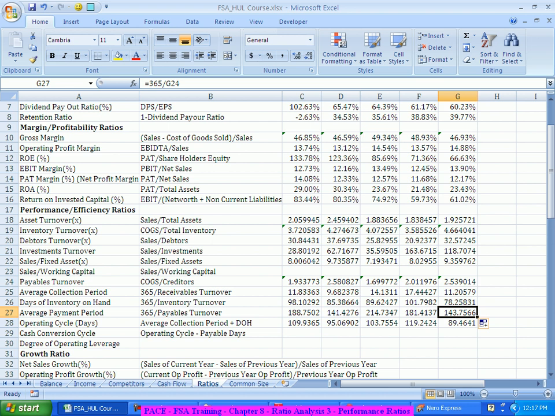So almost within 90 days, the raw material you purchased from your vendor, you are able to produce it, sell it, and get cash out of it. Still you have another 53 days to make the payment to your vendor. So this 53 days is your leverage area.